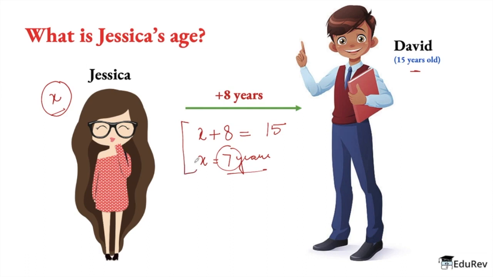But before we move further, just tell me one thing: what is the basic thing that we require to solve this equation, or in fact to make these equations in the first place? Those were numbers. We know that 7 plus 8 is 15, right? And that is exactly what we found out here when we kept 7 as X. So this is the equation that we made, from which we found out Jessica's age.